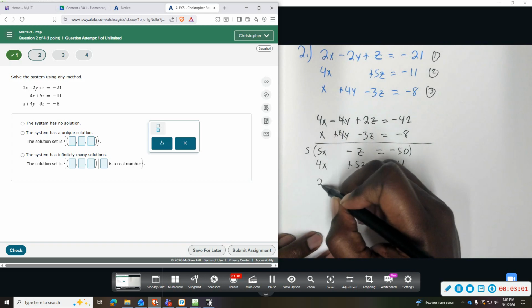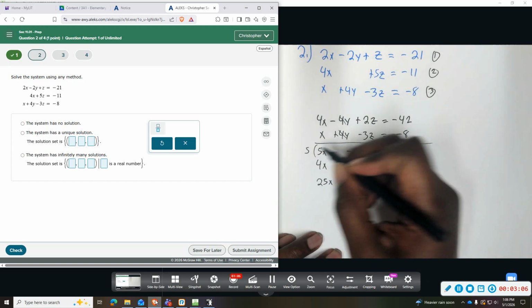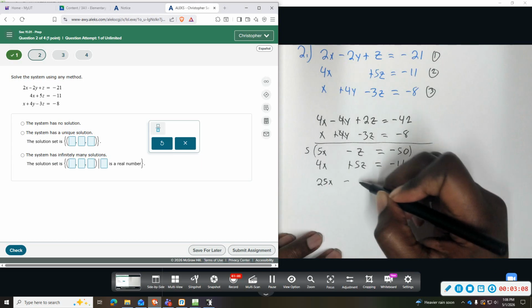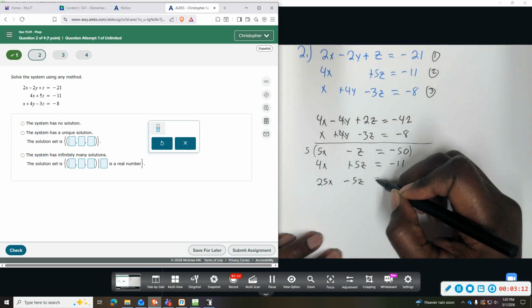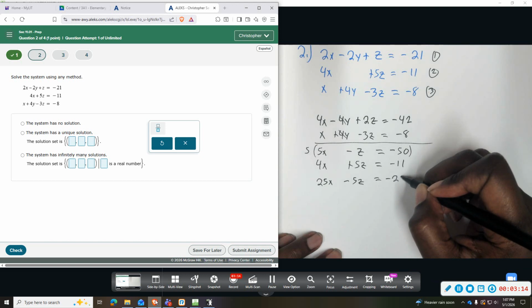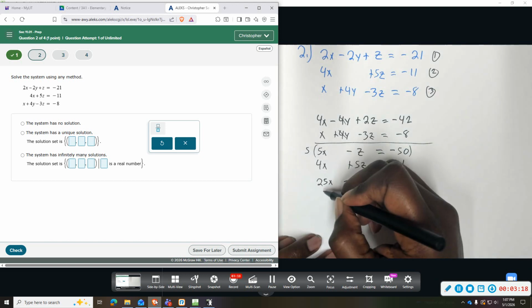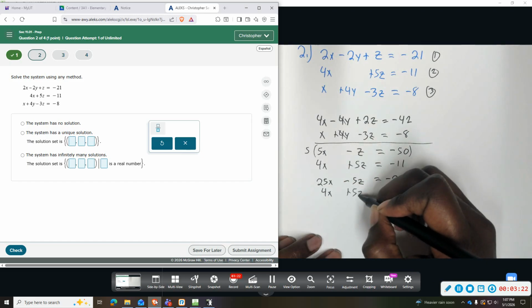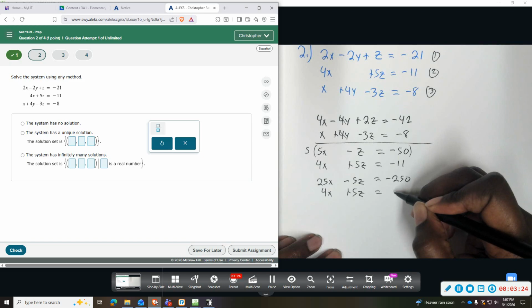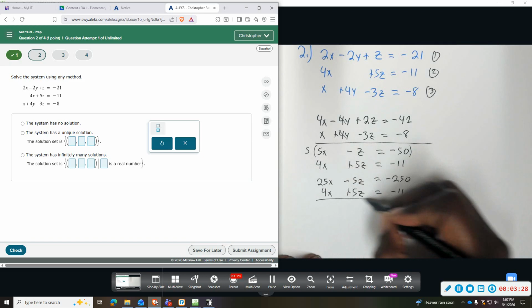So that gives me 25x minus 5z equals negative 250. And then I'm just going to bring this equation straight down. 4x plus 5z equals negative 11. Now we're going to add these two together.